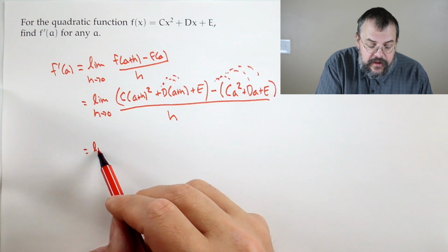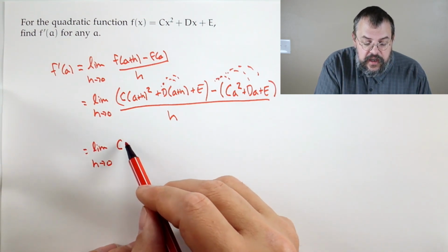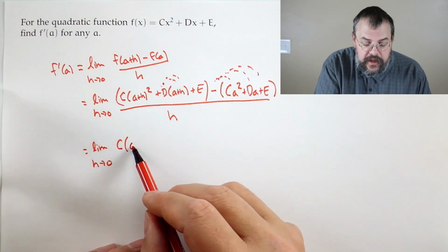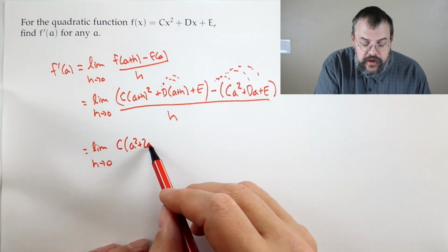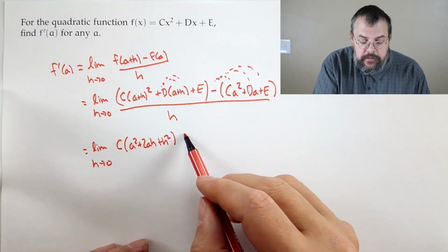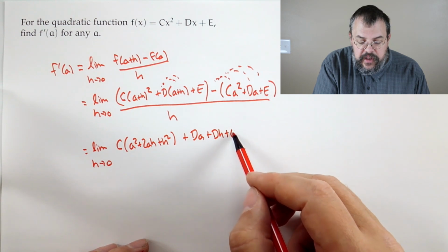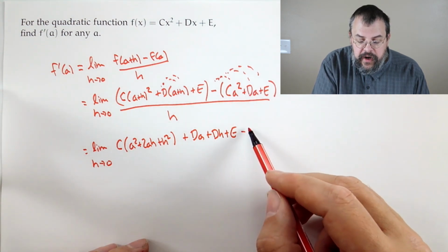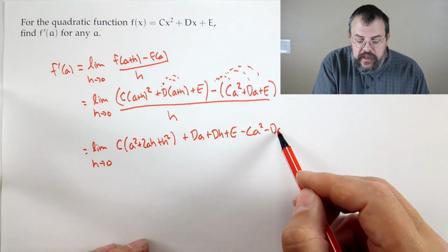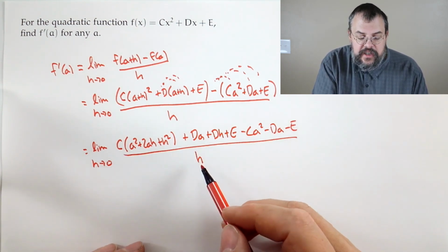So what do we have? This is the limit as h goes to 0 of c times, let's expand it out, a squared plus 2ah plus h squared, plus, I'll go ahead and distribute, da plus dh plus e, distribute the minus through, minus ca squared minus da minus e, all over h.